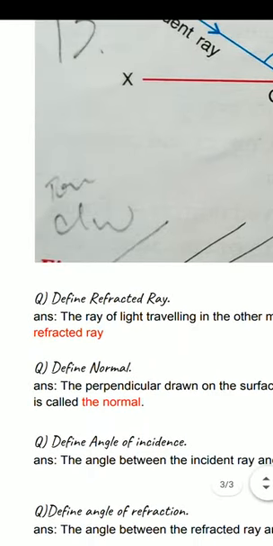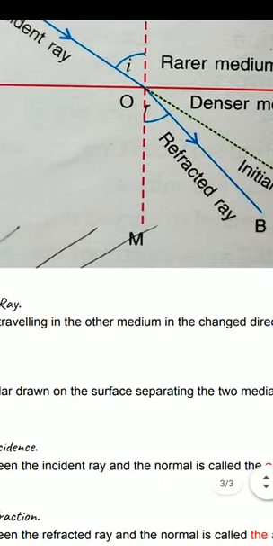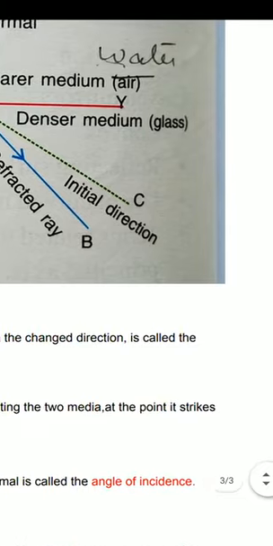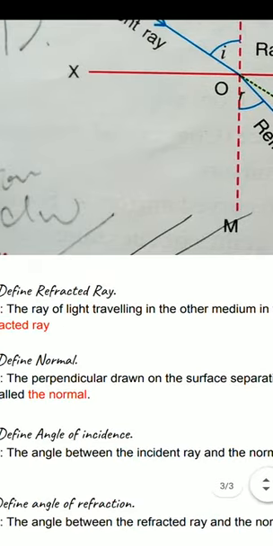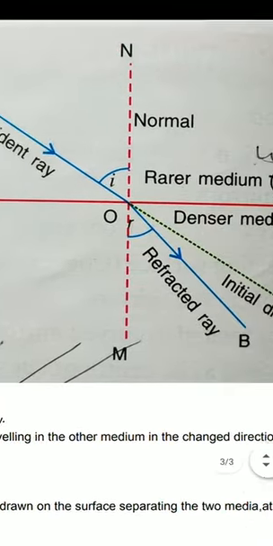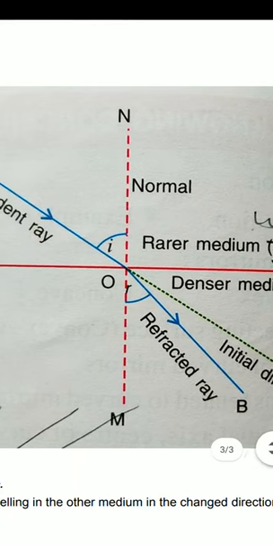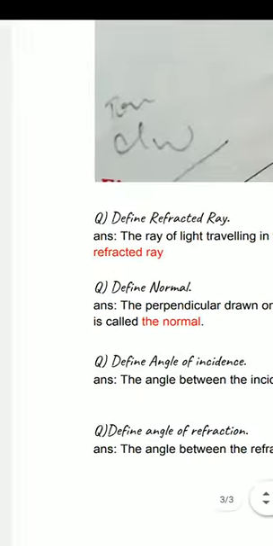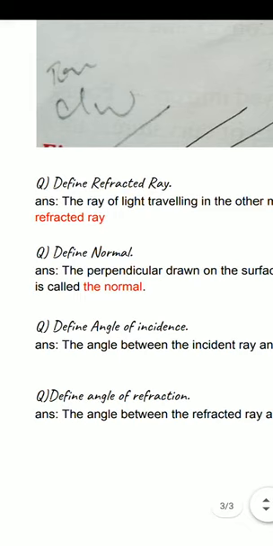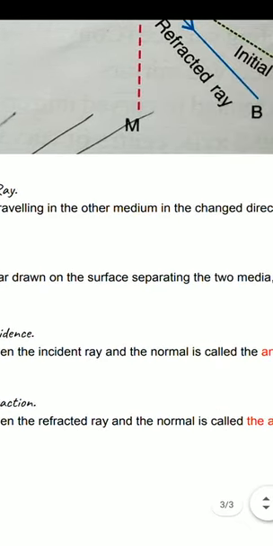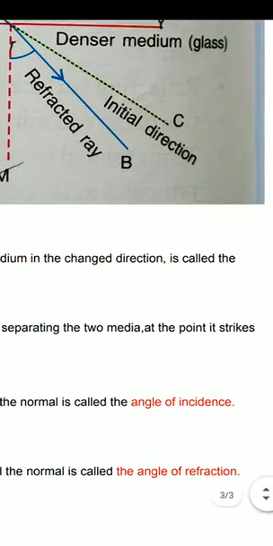Define normal. The normal is the perpendicular drawn on the surface separating the two media at the point where the ray strikes. So this vertical line is your normal. After this, define angle of incidence. The angle between the incident ray and the normal is called the angle of incidence.